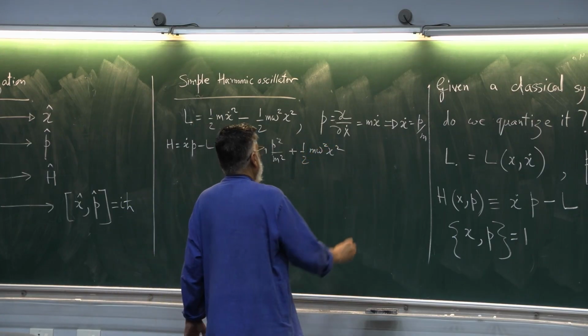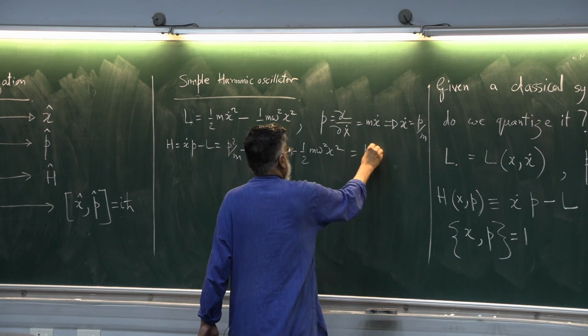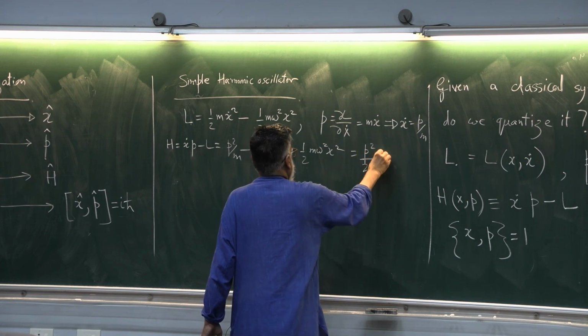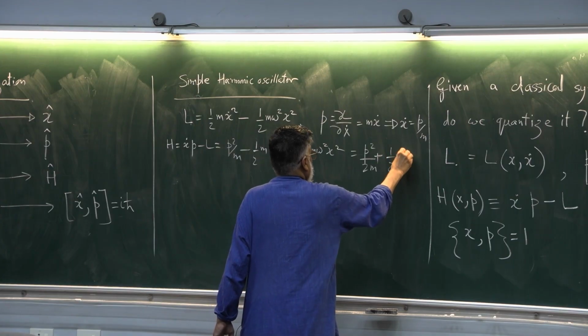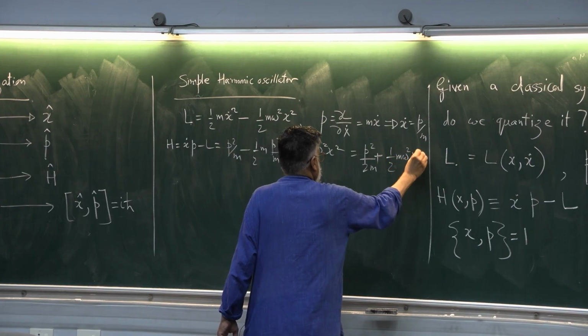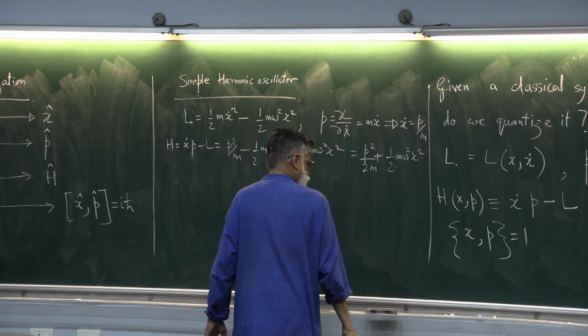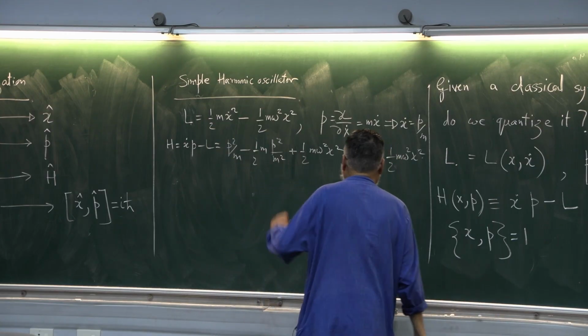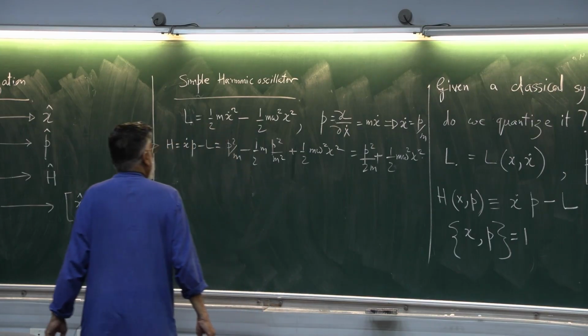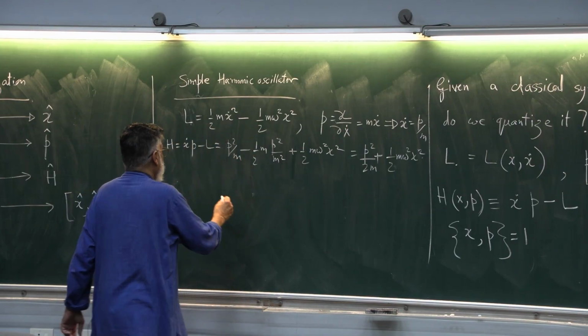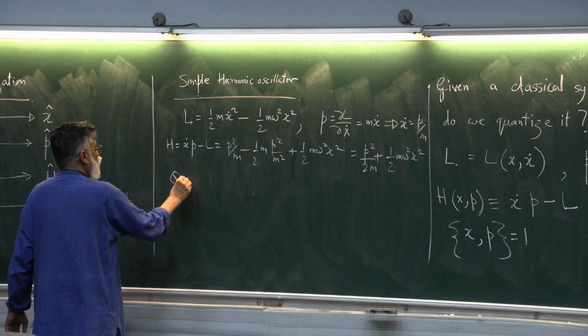It becomes therefore P square by 2m plus half m omega square x square. This is the classical Hamiltonian. This is the classical SHO. Now we want to go to the quantum SHO.